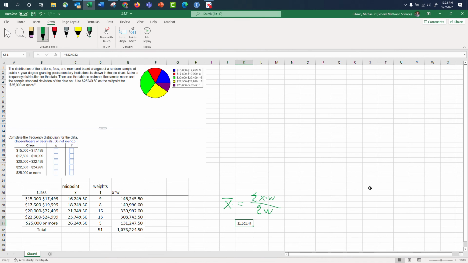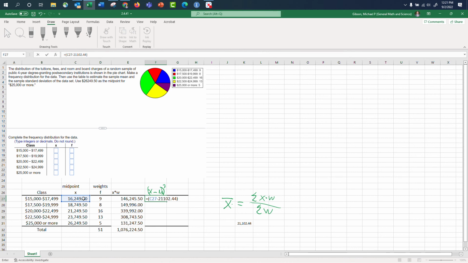Then the next thing we need to do for each class is take the X, the midpoint, minus the mean, and square it. So we'll go equals open parenthesis, midpoint minus, probably the easiest way is just to type the mean now, which was 21,102.44. Then square it.